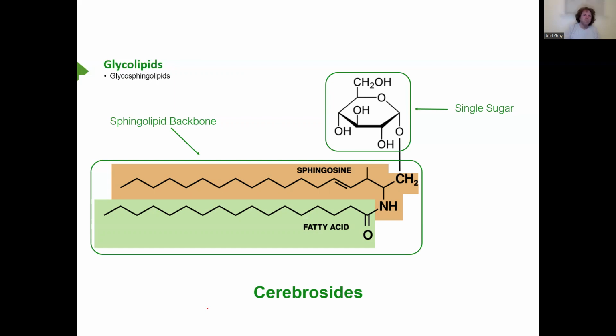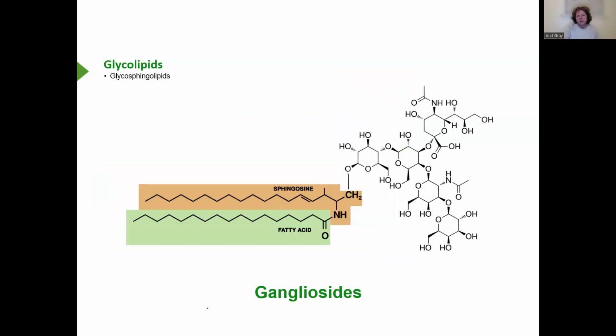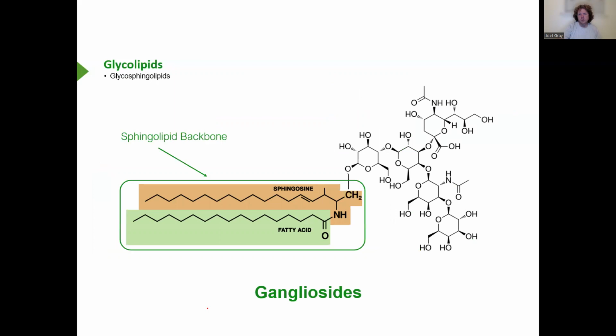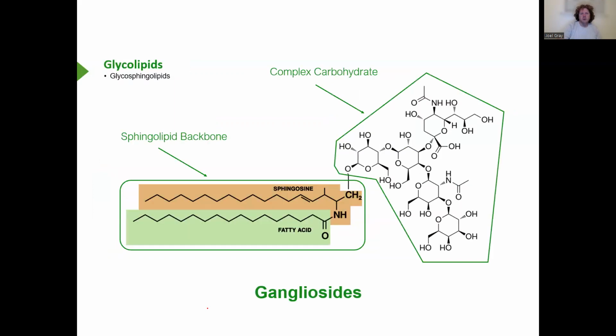Those are important for neurological development and neurological function. Gangliosides, as you can see here, are basically that same thing with a much larger and more intricate sugar structure. Complex carbohydrate plus a sphingolipid backbone.